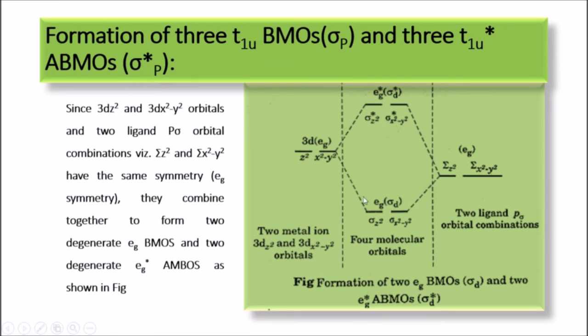BMO formation is represented by sigma z square and sigma x square minus y square, while ABMO is represented by sigma star z square and sigma star x square minus y square.